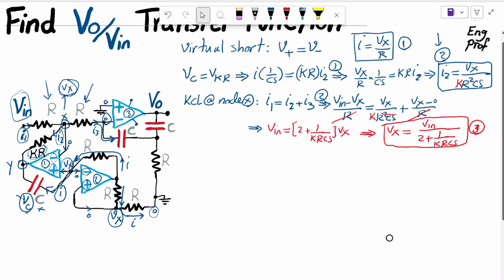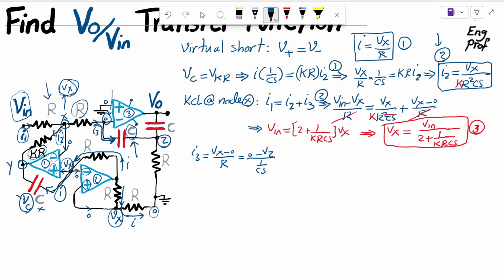Okay, what is the next step? Next step is just writing the fact that this current I3 is flowing through both resistor R and also through the cap C. So I can write this fact that I3 effectively is equal to Vx minus 0 over R, and is equal to 0 minus Vz over 1 over Cs, if this node is Z, which is this cap in between 0 and node Z. So I just want to record that Vx is equal to negative RCS times Vz.